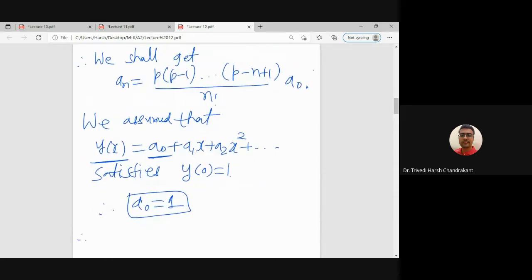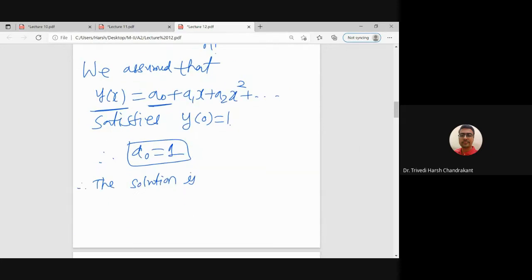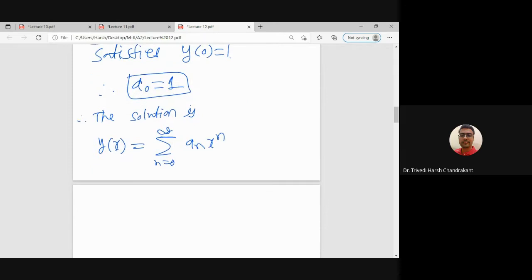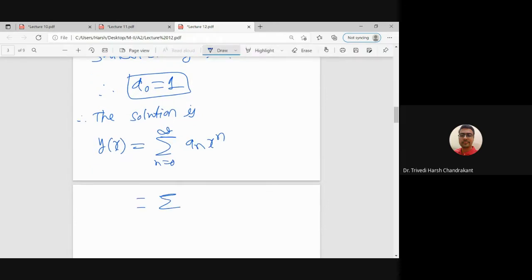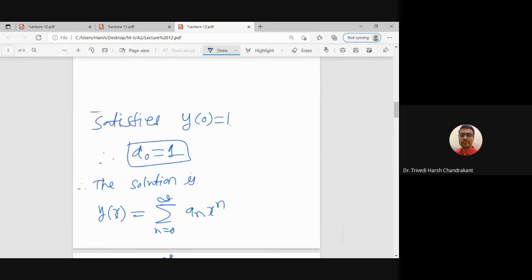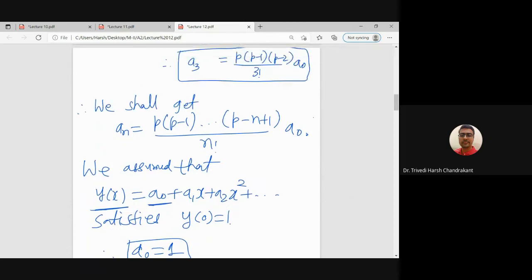So therefore the solution is y of x equals the summation of an x power n, and in that we found an is this term where a0 is 1.